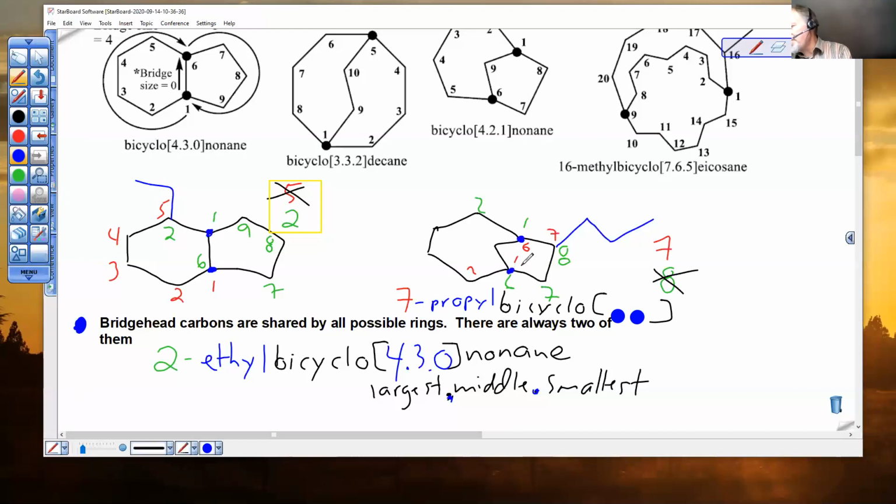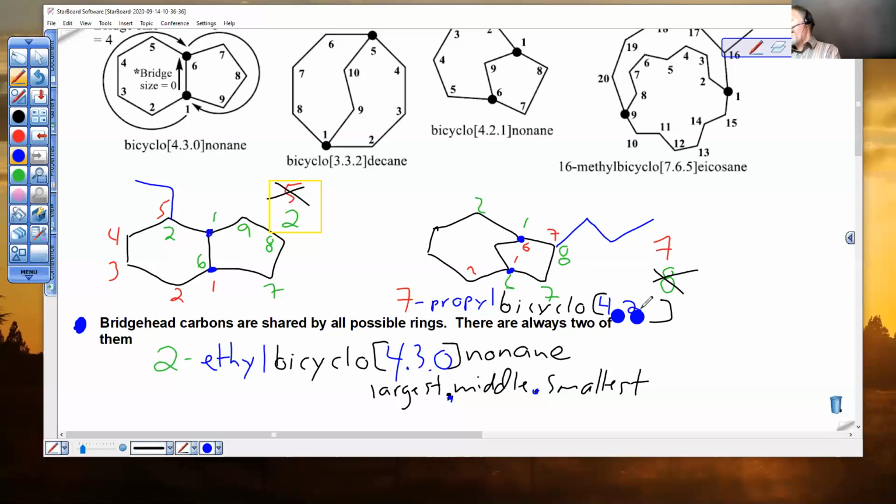From 1 to 6 without counting 1 and 6 is 4 again. Those are blue. Going around the next biggest ring, don't go in the middle. That's only 1. Next biggest ring has 2 more carbons. 4.2.